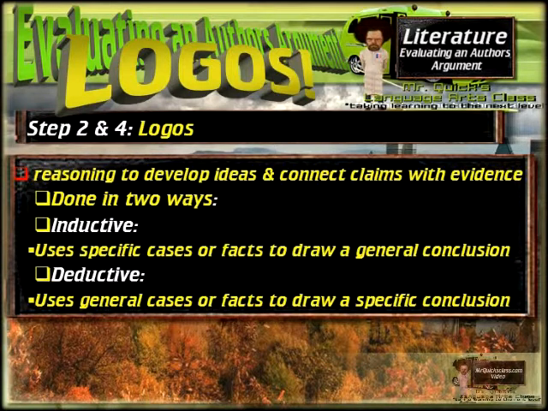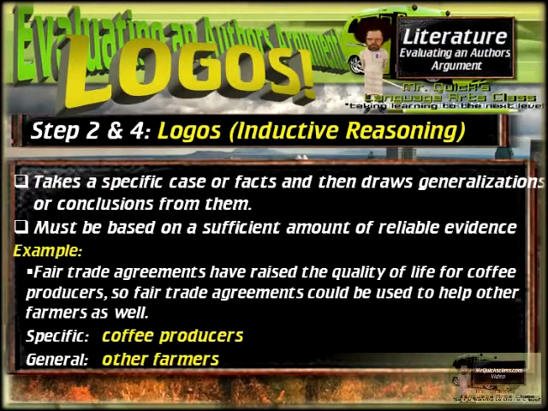Okay? So you have to keep in mind while you're reading the passage, if you determine early on that logos is the way that the author is arguing his or her particular position, then you have to be aware that when we're talking about inductive reasoning, okay, it needs a sufficient amount of reliable evidence.